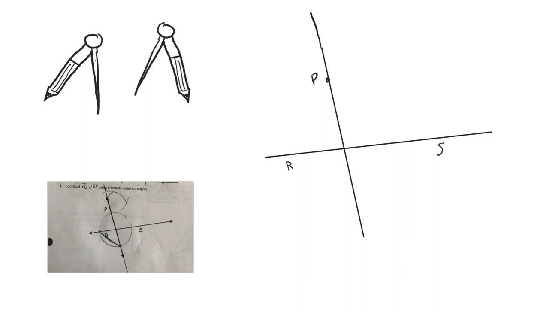Now, the general theme that I want my student who's watching this to remember is worry about the angle first, replicate the angle, and then worry about this distance next, okay?